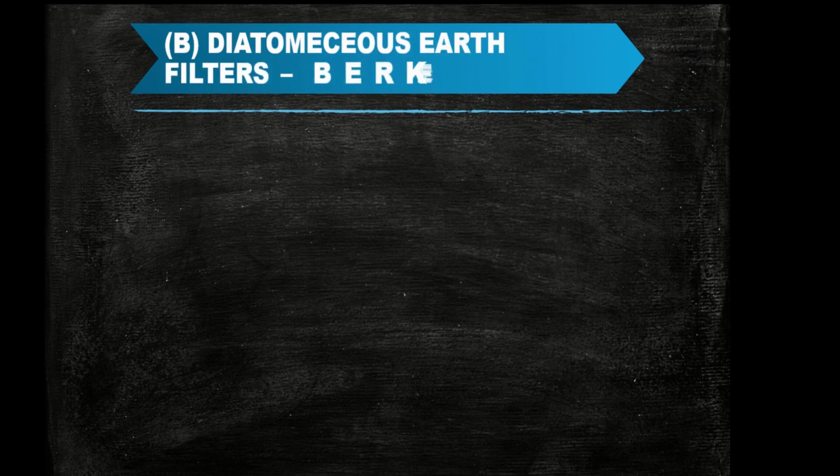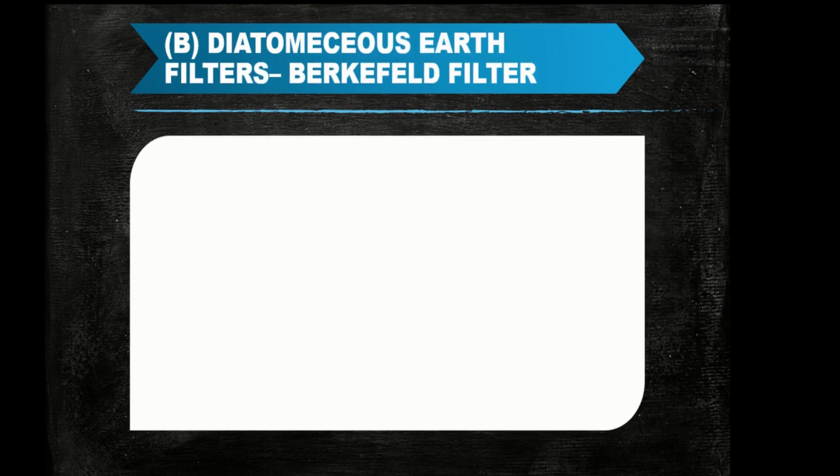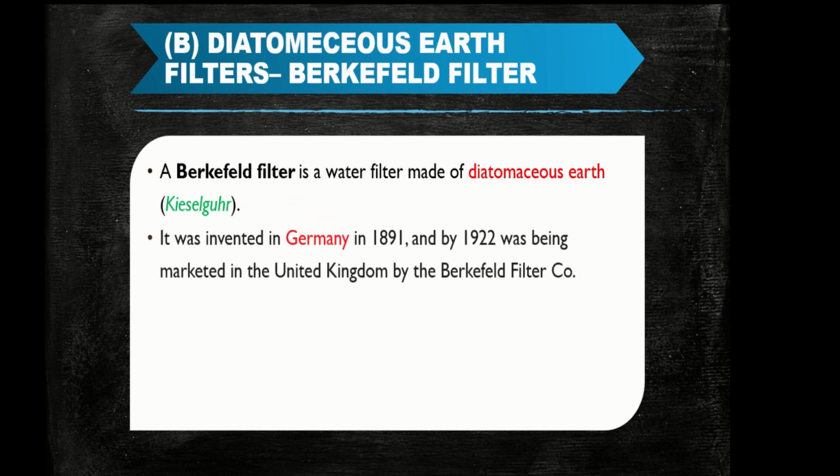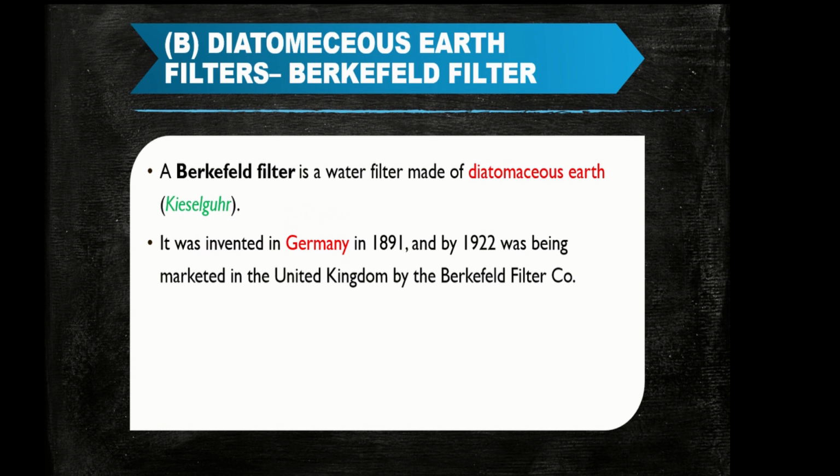Now we'll see the next one, the diatomaceous earth filter, that is the Berkefeld filter. The Berkefeld filter is a water filter made up of diatomaceous earth, also referred to as Kieselguhr. It was invented in Germany in 1891, and by 1922 it was being marketed in the United Kingdom by the Berkefeld Filter Company.